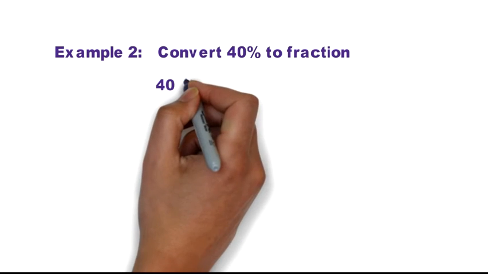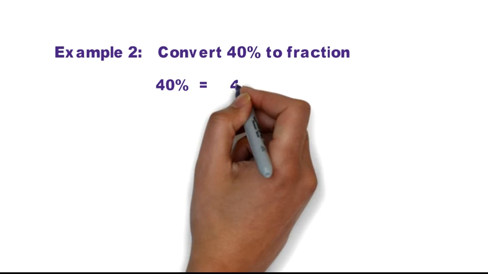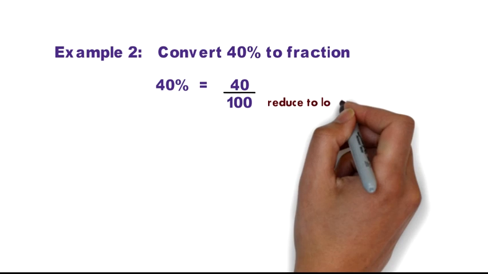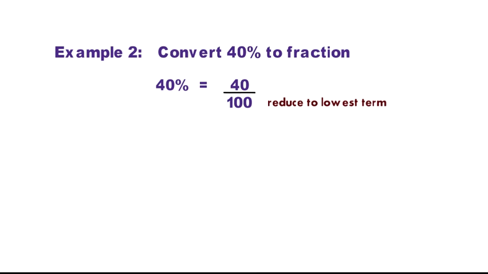So, to solve this question, 40% is equal to 40 divided by 100. Next, we will reduce the fraction to its lowest term. To reduce the fraction to its lowest term, we need to find a number that can divide the numerator and the denominator. The number 2 can divide both 40 and 100.